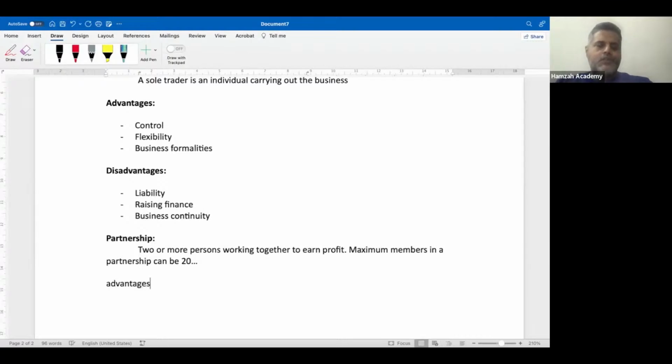The advantages which we normally get in the partnership are that you get to have defined roles. You also get easier raising of finance, because you are multiple partners. Say in case you have to raise 100,000, and if you are working as a sole trader, you are not able to take out all of the amount by yourself.